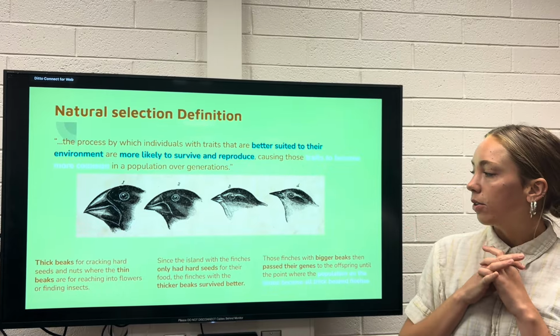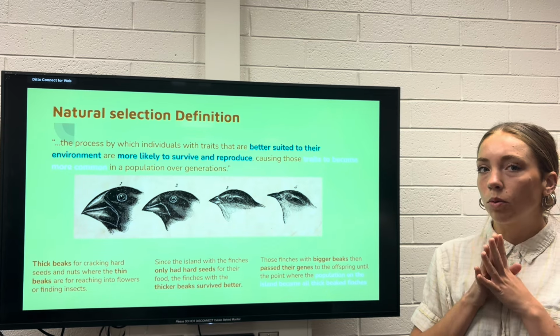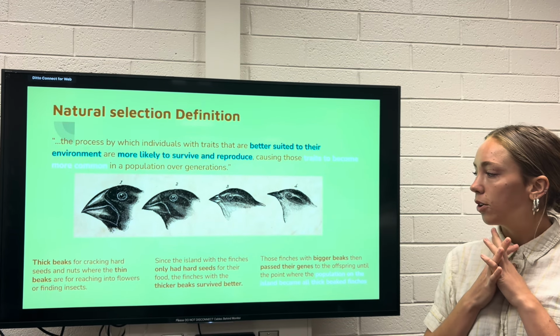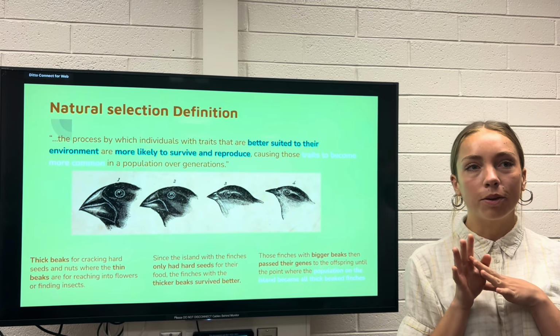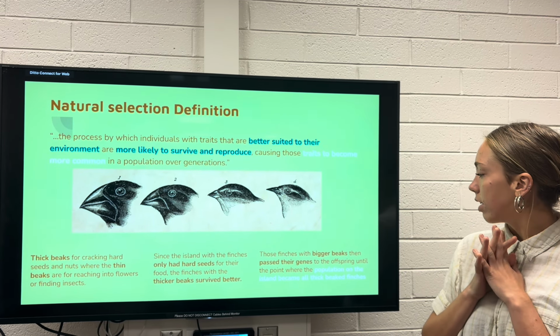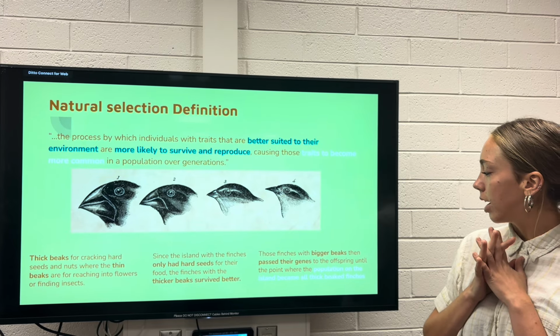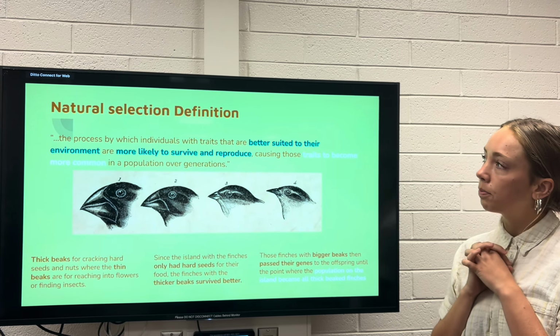And since the island only had hard seeds, the ones with the bigger beaks were more successful in finding food, and so they survived better, which meant that their offspring would carry those genes from their parents of the thicker beaks, and then over time the population became all thick-beaked finches.